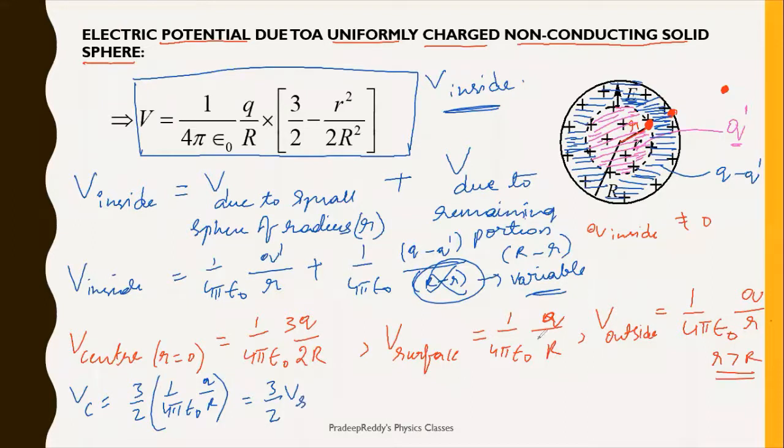Very, very important equation: potential at the center is 3 by 2 times that of potential on the surface. And from the center, if you are coming out, the potential should go on decreasing because the numerator value is increasing. On the surface it is a fixed value, 1 by 4 pi epsilon naught q by R. And outside, it decreases with respect to r.